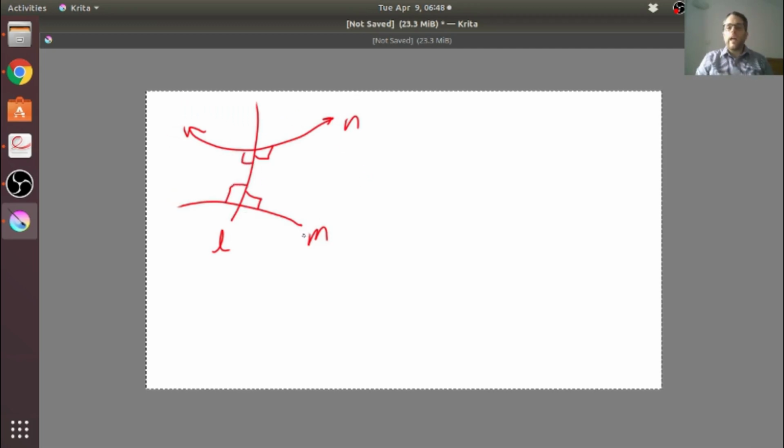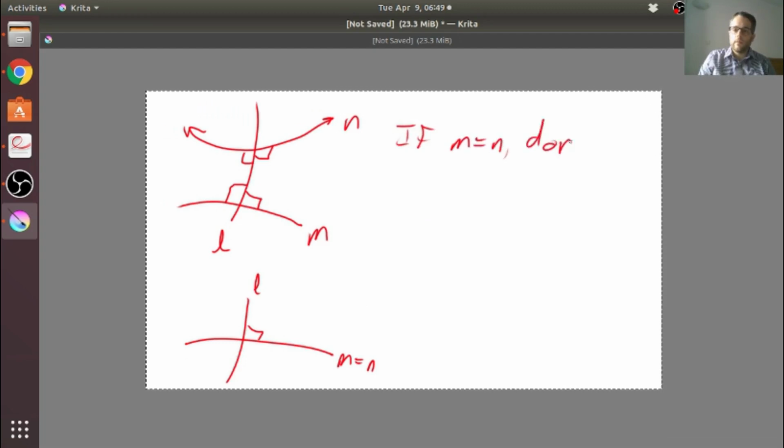So either M and N are the same line, either my picture looks like this, M and N are the same line. If M equals N, we're done, right? Because that's one of the possible conclusions. If M is not equal to N, then what does that mean? Then L is a transversal.